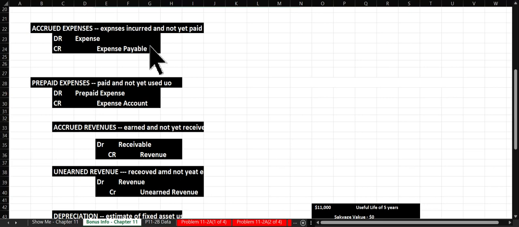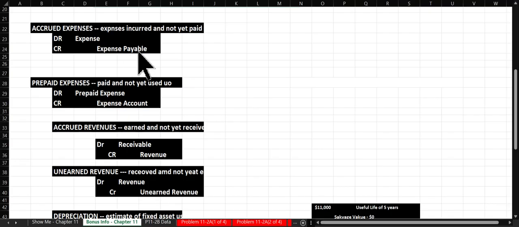However, the payment is not going to be due until the 15th of the following month, but we want to record it in this period as an expense. And so we would record the expense. So if it's electricity, it would be to utilities expense, for example, or whatever the name is for that expense account. And since it has not yet been paid, we would make a credit to a payable.